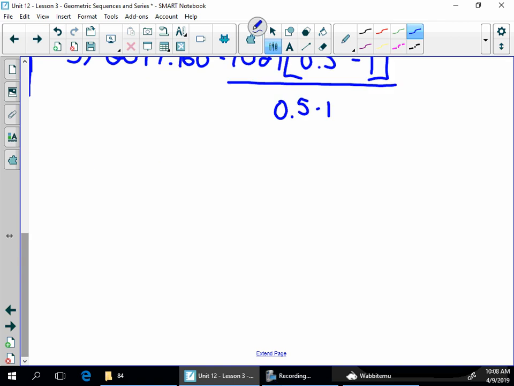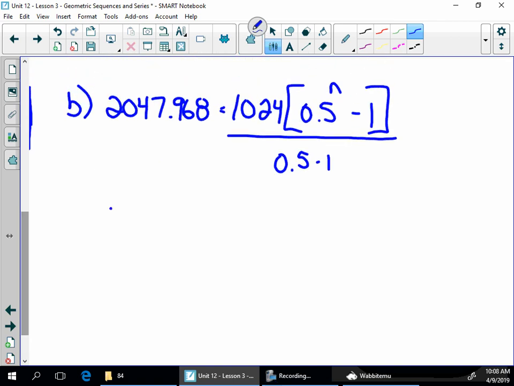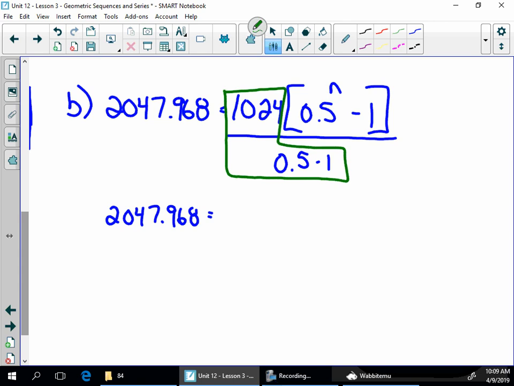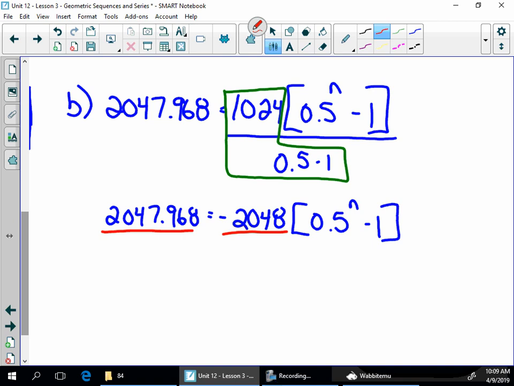For instance, I might take 2047.968 on this side, and on this side, how about we divide 1024 by negative 0.5, right? That would make that a little bit easier to work with. So we'll end up with negative 2048. I still have 0.5 to the n, I still have minus 1 inside the bracket. Now I can divide out the negative 2048 and the negative 2048.